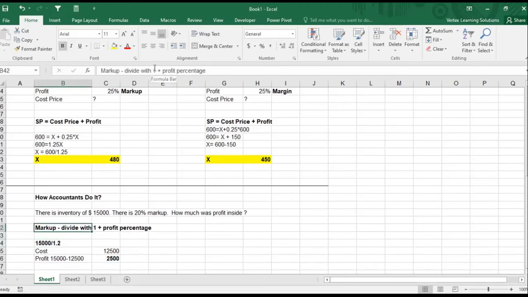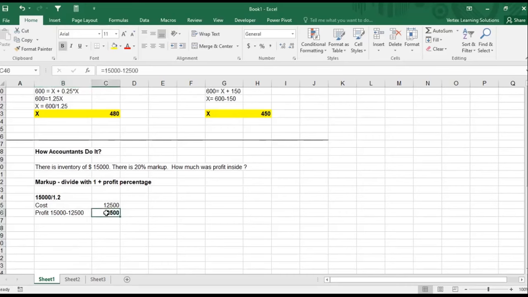When we are doing it with markup, if I say 20% or 10% or 5%, this is how you do it. Now, what I did here, I divided it with 1.2, and then I get cost. And then this cost minus the 15,000, you said 2,500. Can you also calculate this 2,500 directly?